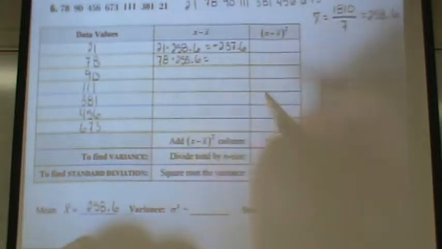Then we have 78 minus 258.6, which gives us negative 180.6.